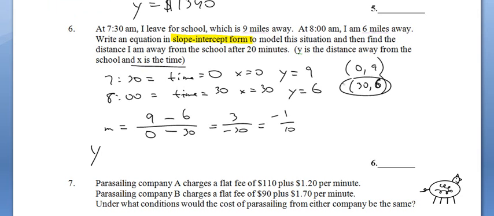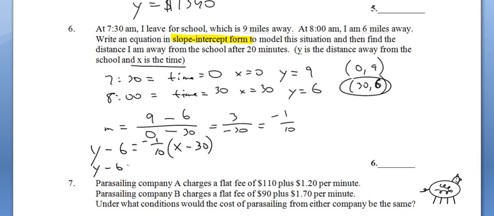Now I'm going to give you a little hint here, math fans. Isn't (0, 9) the y-intercept? Okay, let's just keep that in mind, but I'm going to use the second point just for the heck of it. Okay, y minus 6 equals negative 1/10 times x minus 30.